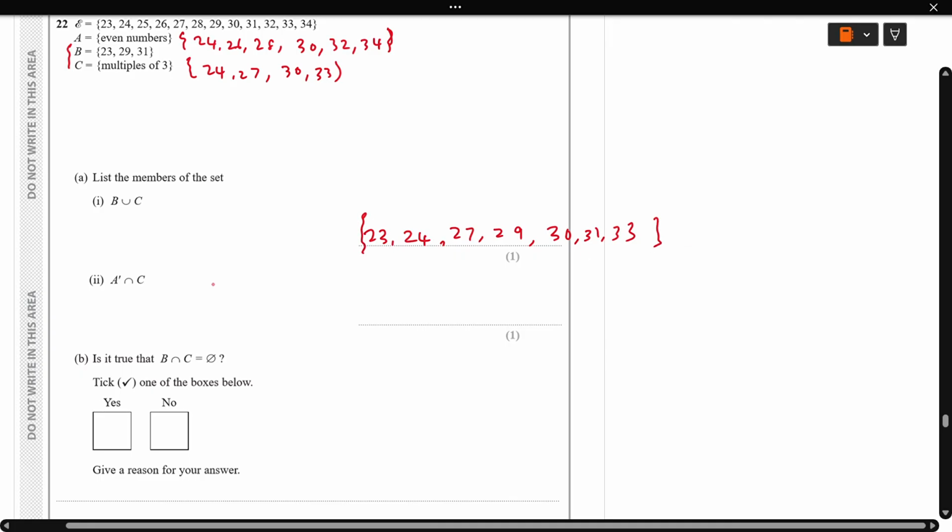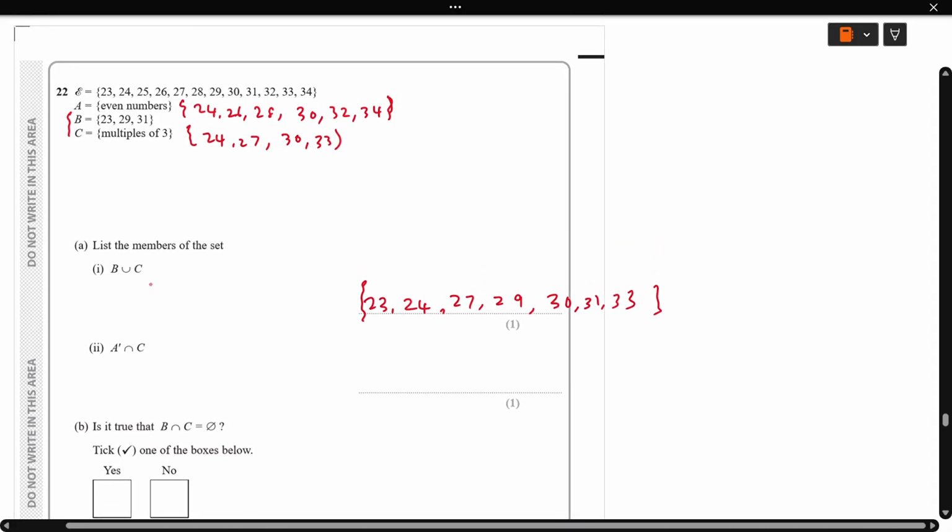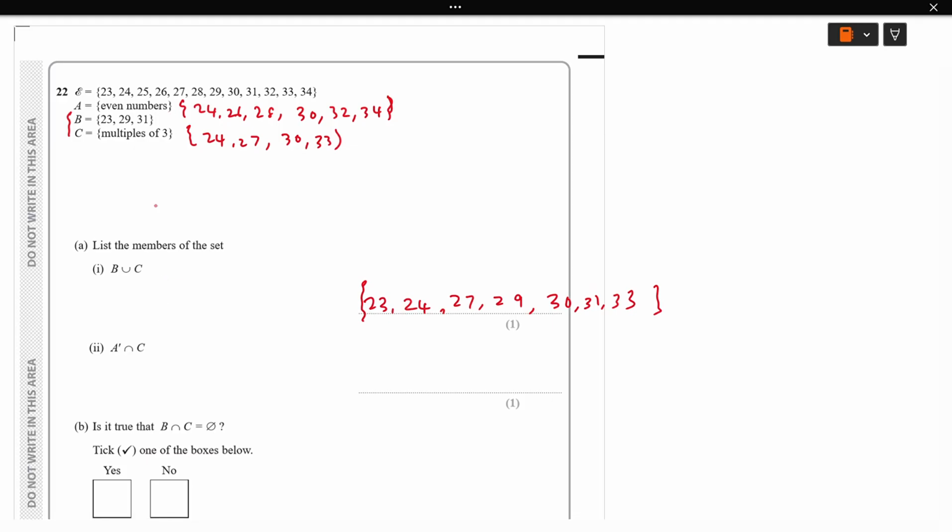Okay, the next one, A dash intersection C. The A should not be involved here. A dash, other than A, intersect with C. Other than A means what are the elements that come other than A?